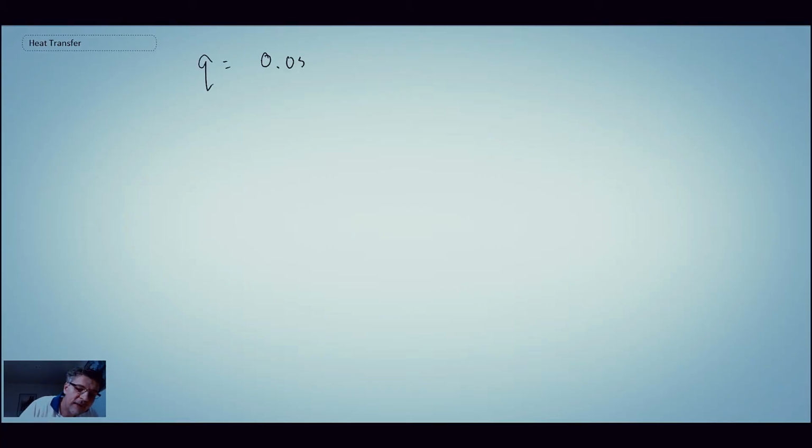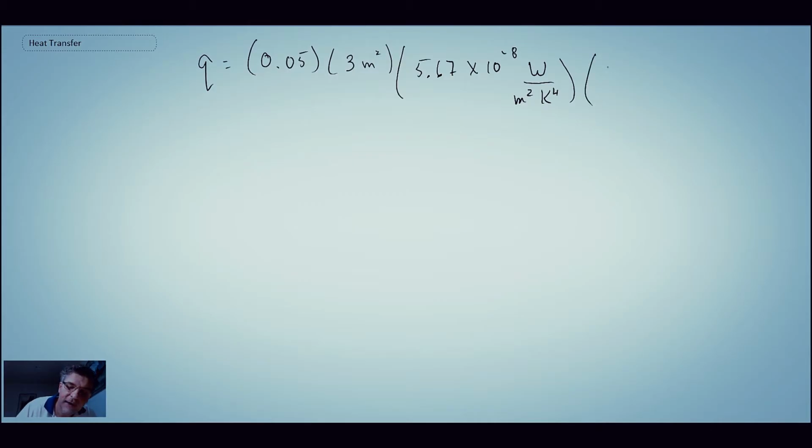We have the emissivity, 0.05. The area of her spacesuit we were told was 3 meters squared. The Stefan-Boltzmann constant, you're going to memorize throughout this course because you're going to use it so many times. And then finally the temperatures, and they have to be in Kelvin.